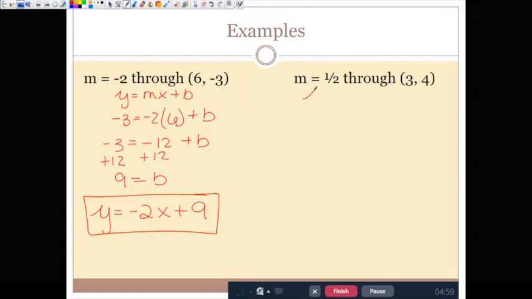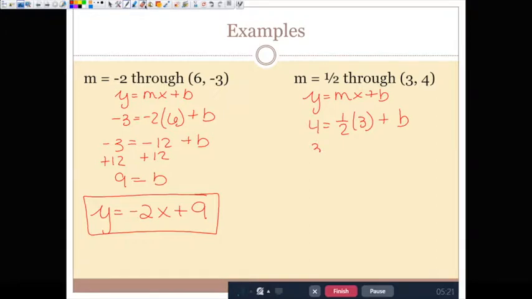So my equation is y equals mx plus b. I don't have a b, so I need to substitute the information that I do know so I can find b. My 4 is y. My m is 1/2. That's going to be times 3 plus b.